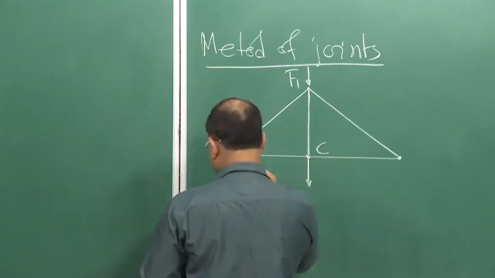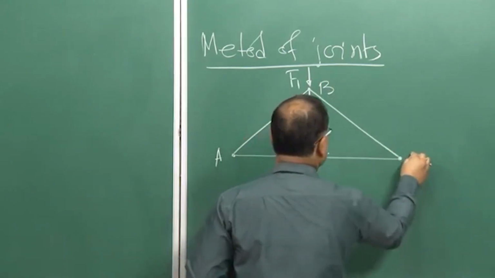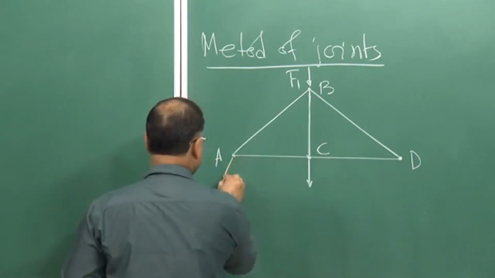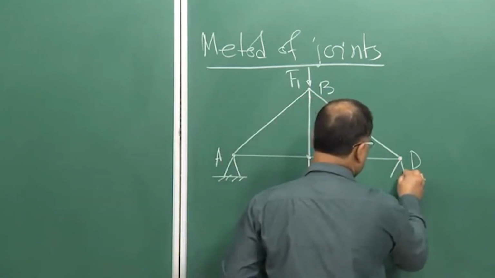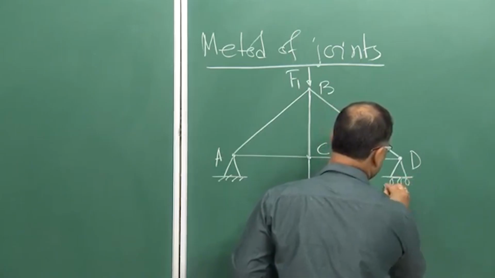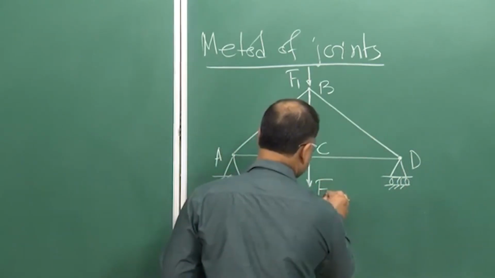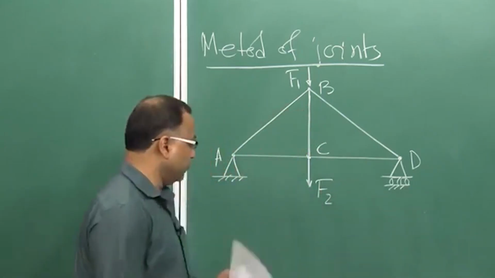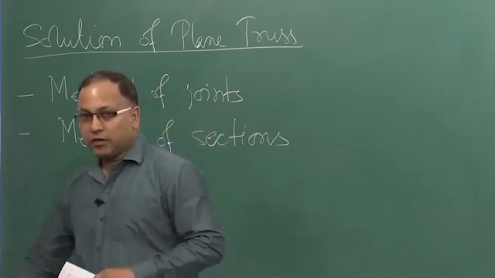This is your C point. A, B, D. At A you have a hinge support, at D you have a roller support, and at C you have a force F2. Okay. So, this is the truss.